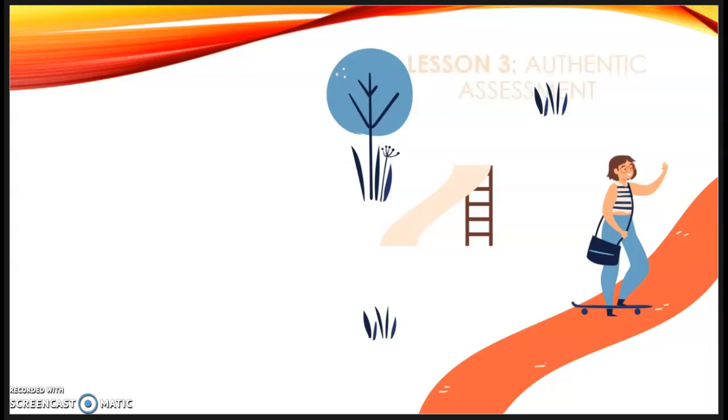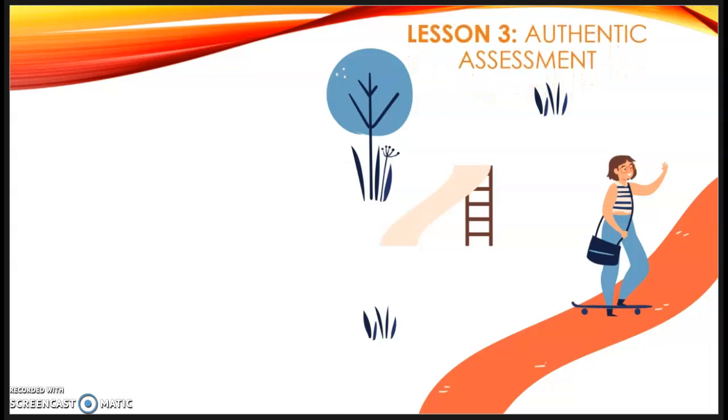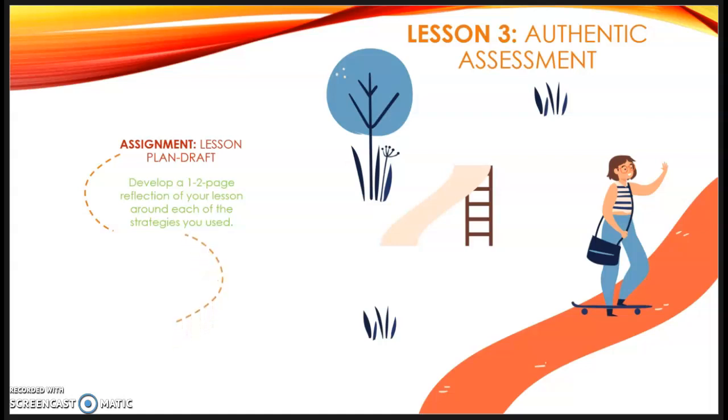The last lesson for week number 2 will be the authentic assessment. The assignment on this lesson will help you develop a lesson plan, which is developing a 1 to 2 page reflection on your lesson around each of the strategies you use.